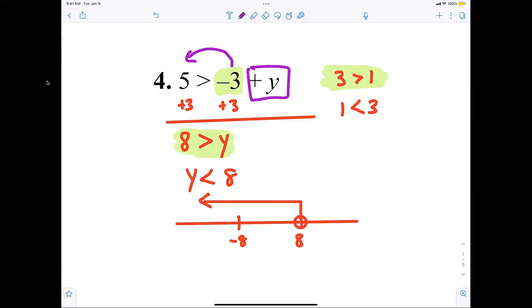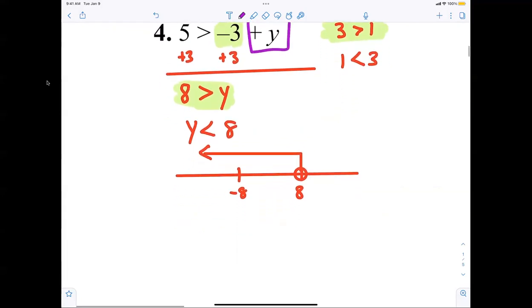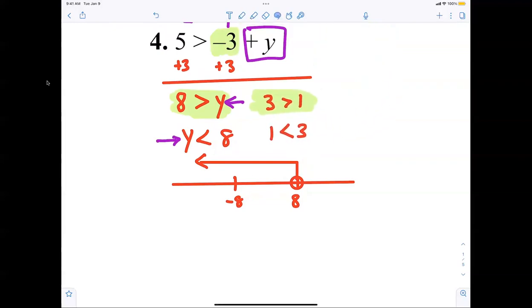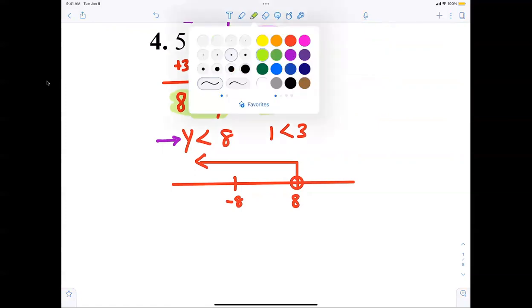No, no. You want the variable on the left. Right now, the variable's on the right. You with me? So think of it this way. This is what I tried to show you right here. 3 is greater than 1. So if I switch it, I have to switch the inequality sign.